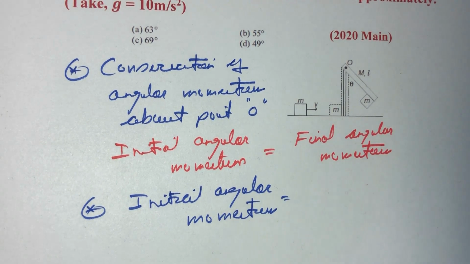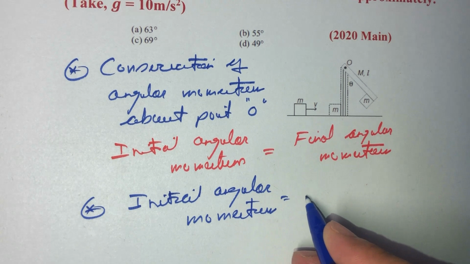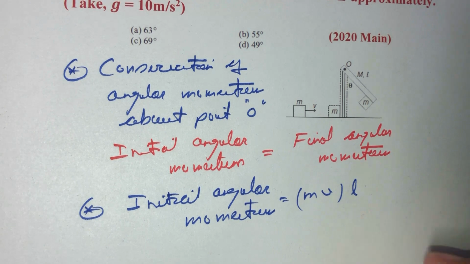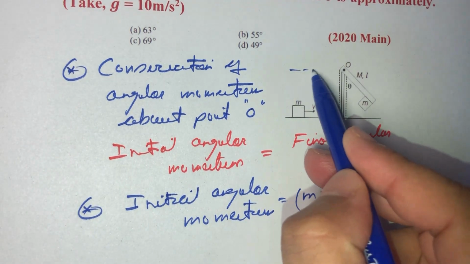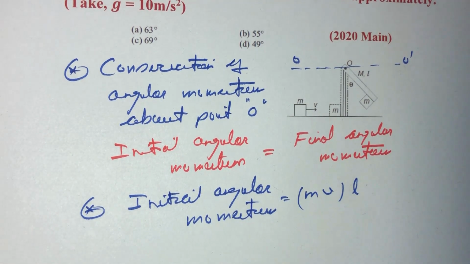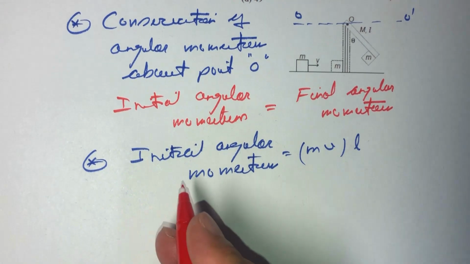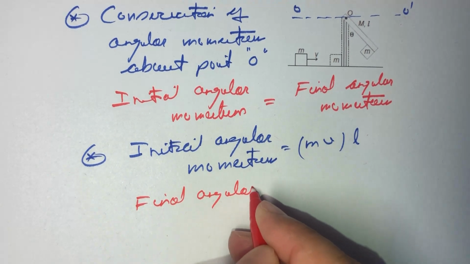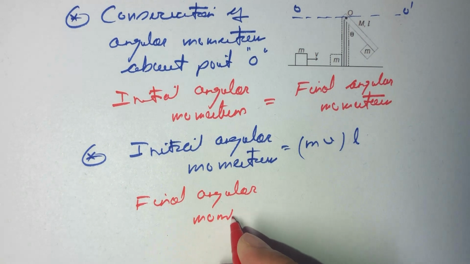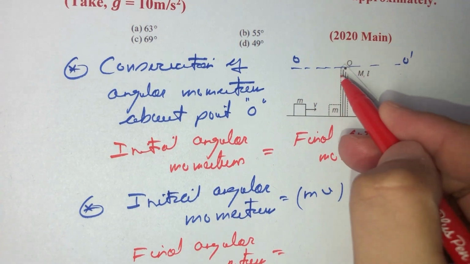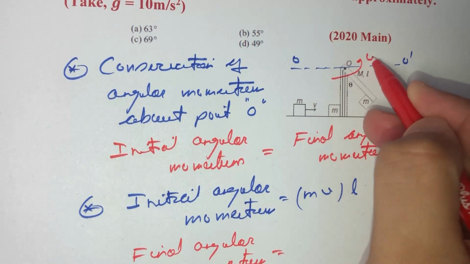That will be m, v and L, and please bear in mind it will be pivoting about this axis O. So we have the initial angular momentum and the final angular momentum, and we say that it is pivoting about the axis with an angular velocity omega.